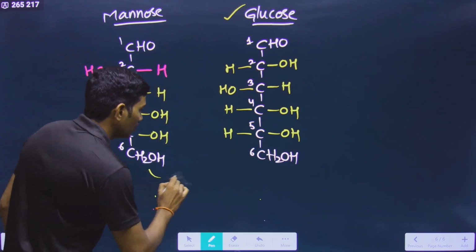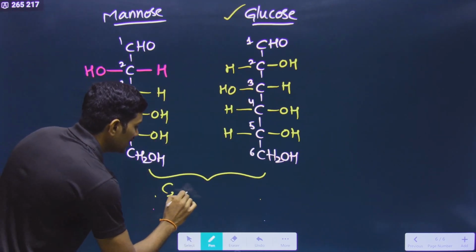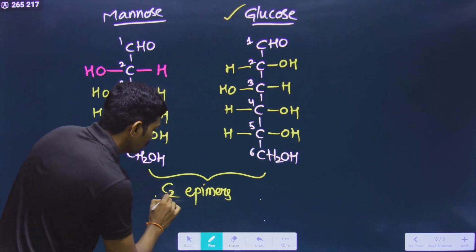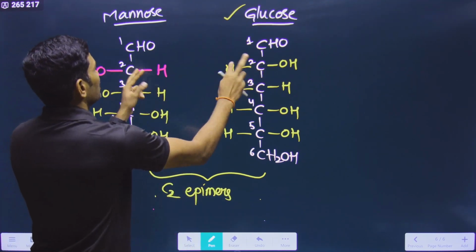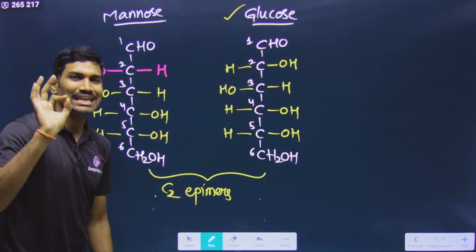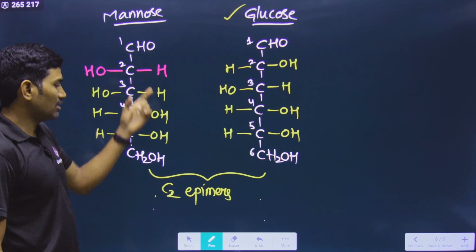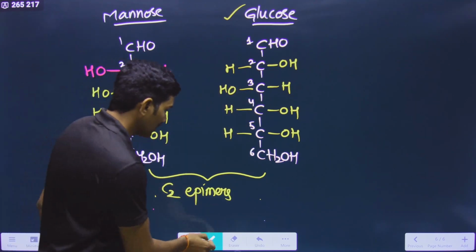That's why glucose and mannose are C2 epimers. What does C2 epimers mean? Second carbon epimers. That means the position change we are observing is only at the second carbon. The remaining structure is exactly the same. So that's why glucose and mannose are called second carbon epimers. Clear? Now we will talk about galactose.